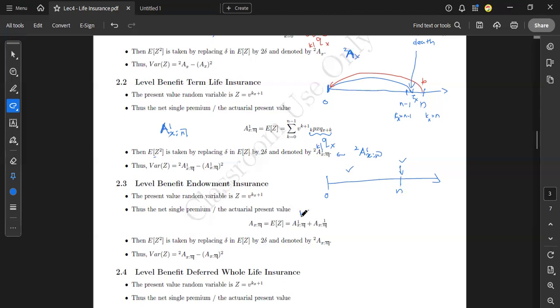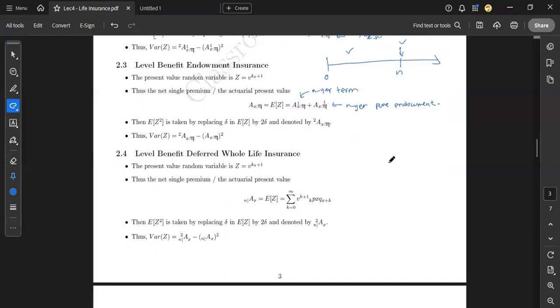So this is the n-year term, and this is the n-year pure endowment. To get the values corresponding to the second moment, just replace delta with 2 delta, and you will get the present value.